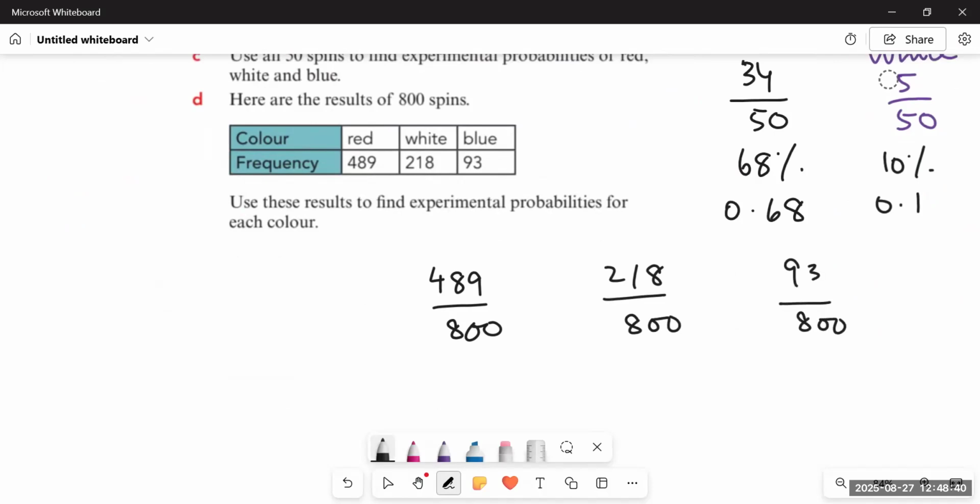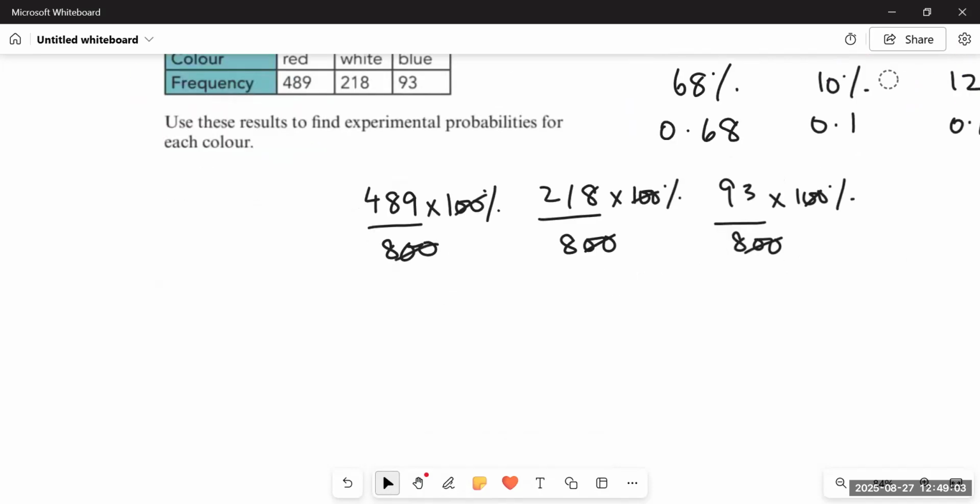So let's try to calculate the probability in percentage. For finding it in percentage, it's very simple. We just need to multiply them by 100%. So let's multiply each of them by 100%. 2 zeros will cancel 2 zeros from the numerator and the denominator. And then we are left with 489 divided by 8, which is equal to around 61.1%.